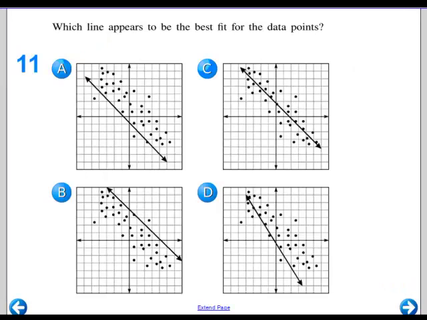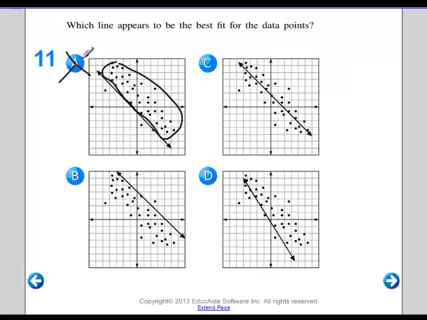Number 11, which line appears to be the best fit for the data points? Okay, this is kind of like number 10, except it's a little bit closer to each problem being the correct one. But we know that we want to split the points in half with our line. So let's just decide which ones don't do that. Well, this one doesn't. Most of our points are all above the line, so that's wrong.